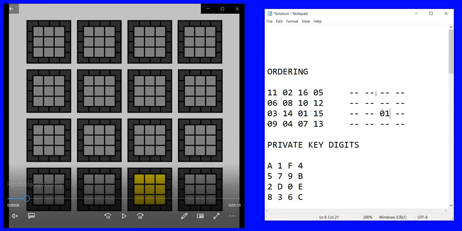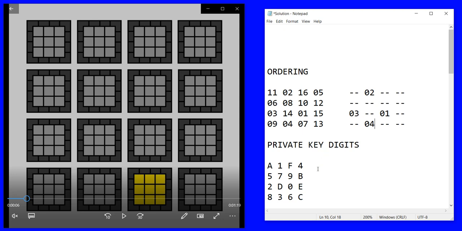Just start recording this, and once we go through all 16 of these and figure out the order, we get this grid on the left, labeled 1 through 16 based on the order when the inside of that square filled up with yellow. Now, since the private key of an address contains 16 digits, it's not too much of a leap to associate these positions with digits in the private key.